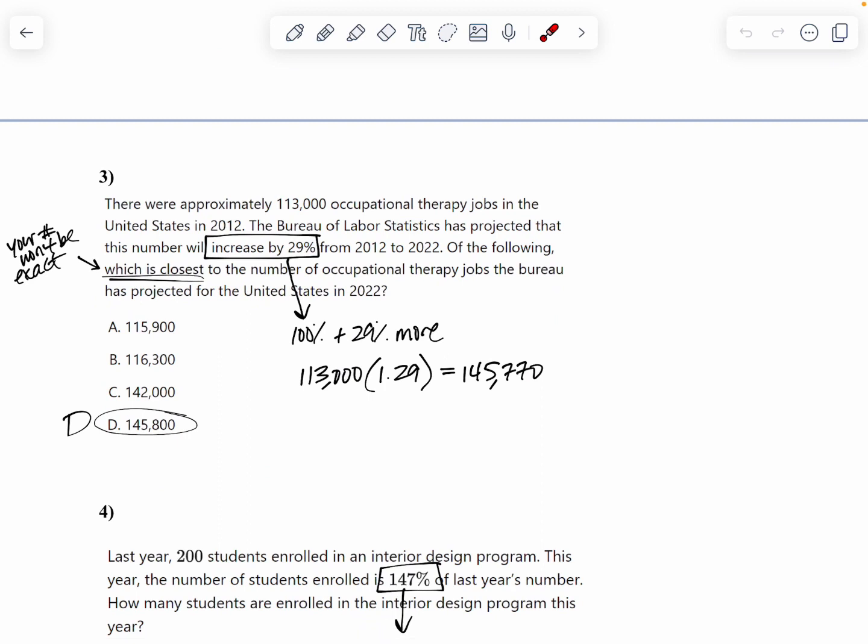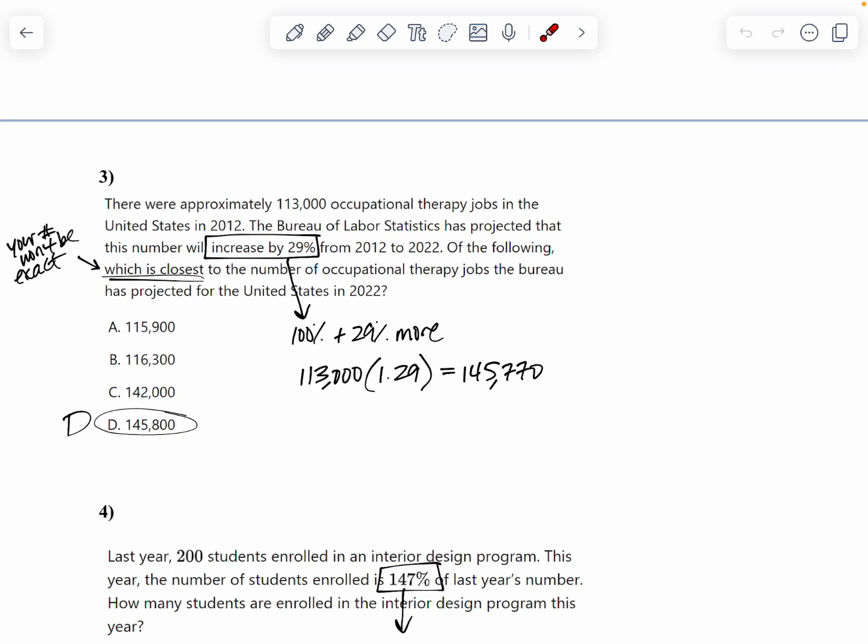Number 3, we have 113,000 occupational therapy jobs in the U.S., and that number increased by 29%. Remember, take this number and multiply by 1.29, because you have 100%, all of these, plus 29% more. The shortcut way of doing that is multiplying by 1.29.